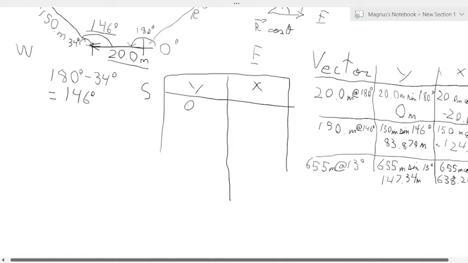Sorry everyone. We are going to have 0.000 meters plus 83.879 meters plus 147.340 meters.